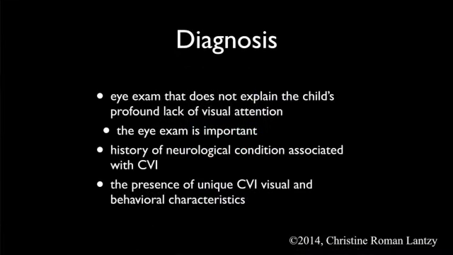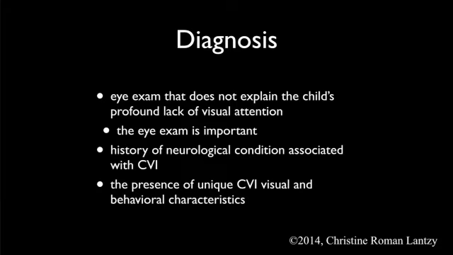The diagnosis of CVI is made in a specific way. There are three broad diagnostic criteria used to identify CVI. The first one is an eye exam that does not explain the child's profound lack of visual attention. So these are children who have an eye exam that looks one way, but their functional vision does not match that.